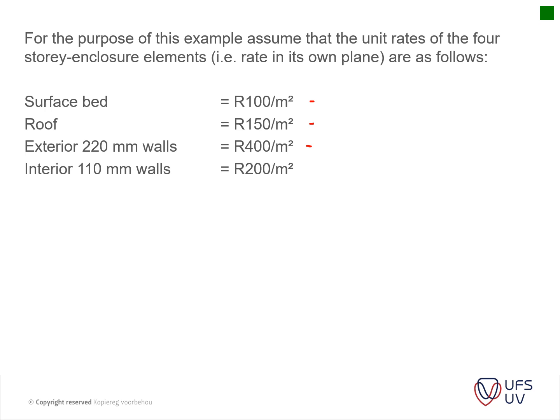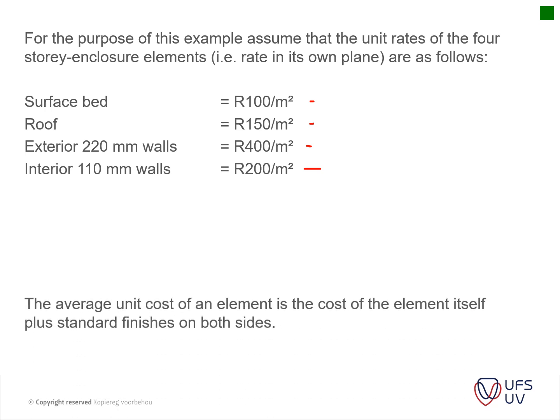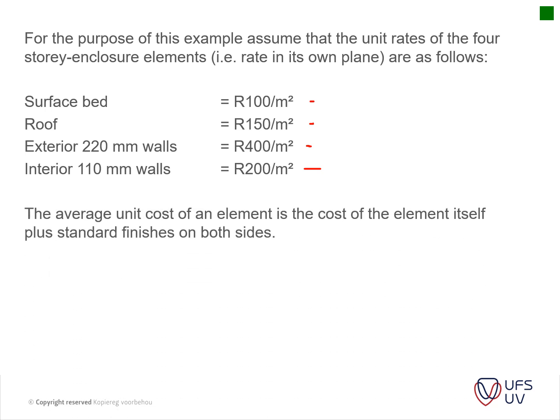And then we've got the interior walls, which is 200 Rand per square meter. Okay, so the average unit rate of an element is the cost of the element itself plus the standard finishes on both sides. What that basically means is that the finishes are included in the rates above.